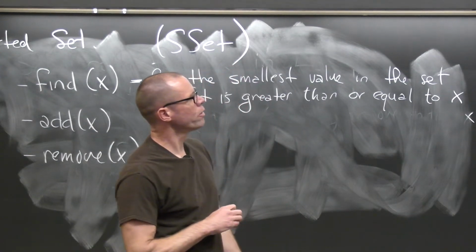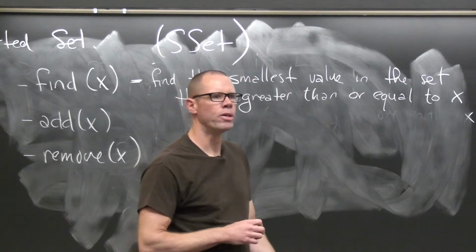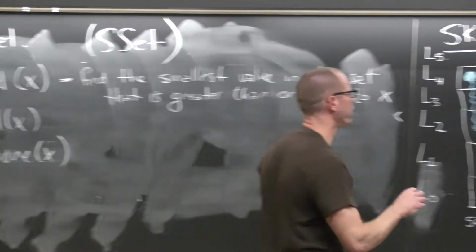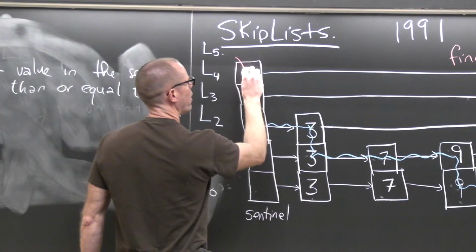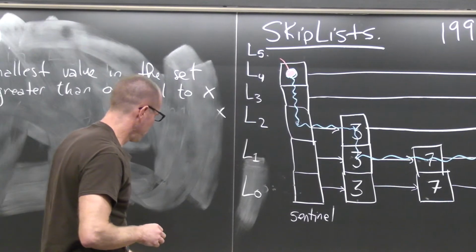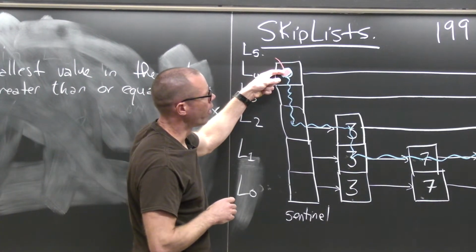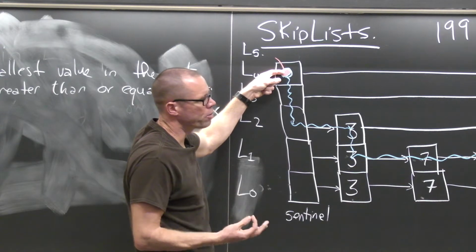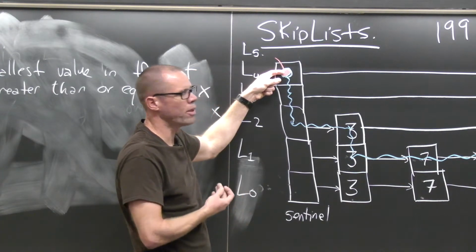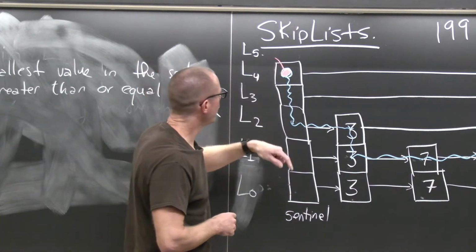Let's see if we can follow the search path for 24 without really knowing what 24 is, just using our value 23. So I start here. Now, should I go right? So I don't know. Maybe 23 is in this list, maybe something like 23.5, 23.1. I don't know anything yet.